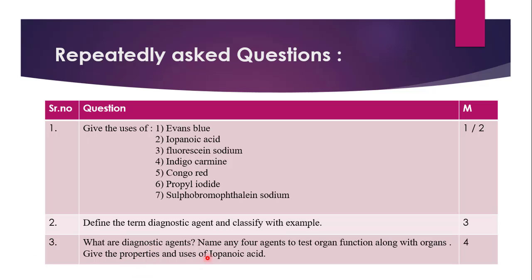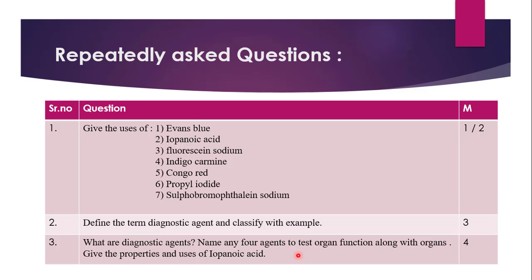Then continuing with the further question, name any 4 agents used to test the organ function. I told you earlier also that this class is really very important, the compounds which are used to test the organ function capacity.